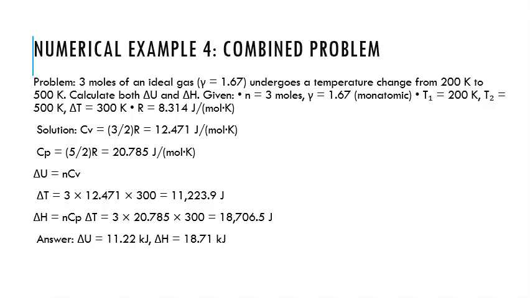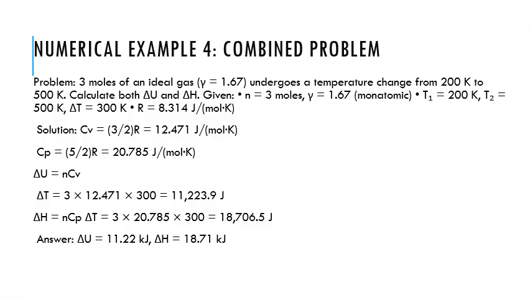Now, numerical 4. Suppose we have, it's a combined question. Suppose we have 3 moles of monoatomic ideal gas. The gamma is equal to 1.67 and the temperature changes from 200 to 500 Kelvin. First, Cv is equal to 3 by 2 R, Cp is equal to 5 by 2 R. Use delta U is equal to nCv delta T for internal energy change and delta H is equal to nCp delta T for enthalpy change.